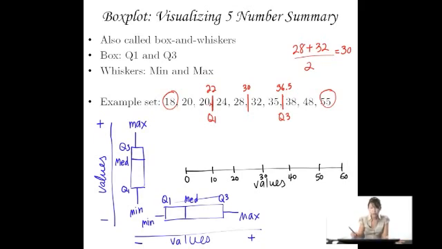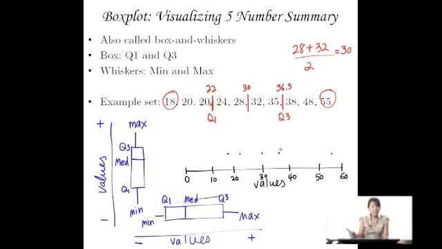What I like to do is just put dots there and then draw in the box and whiskers. So here I'd put in a dot where one of my whiskers is going to end. And here's the other end of that. And Q1 is right here about. 30 is right here, the median, and 36.5 is about right here.